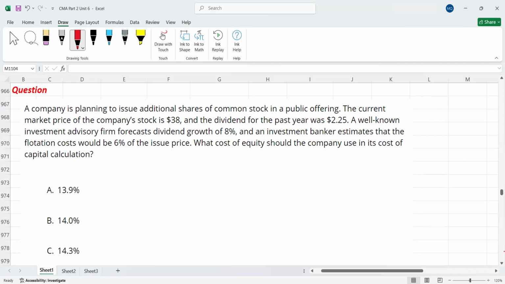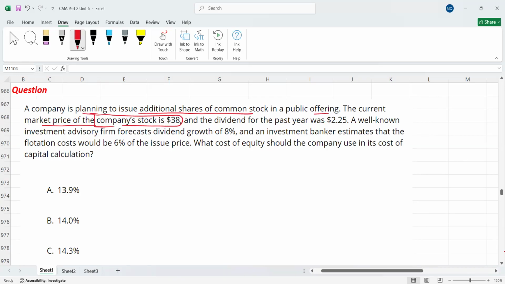A company is planning to issue additional shares of common stock in a public offering. I'll show you more questions, guys, don't worry. The current market price of the company's stock is 38. If the issue price is not given specifically, we will assume stocks are being issued at the market price, which is 38.